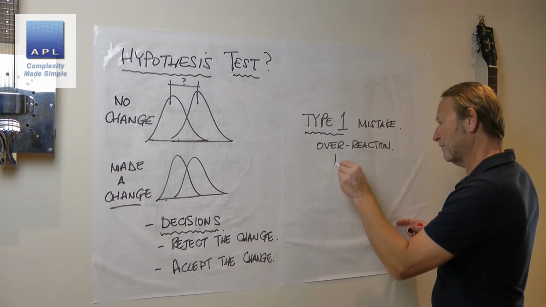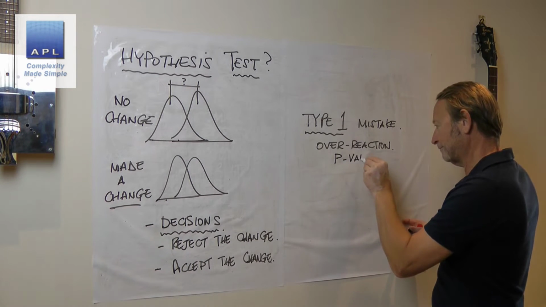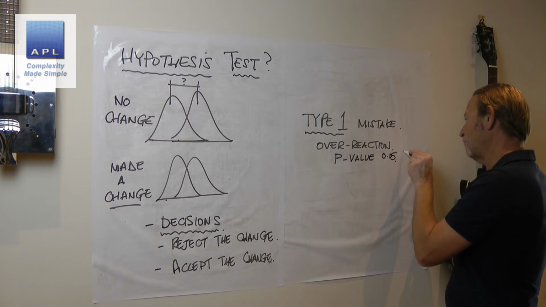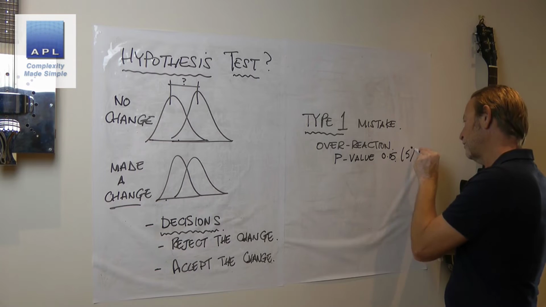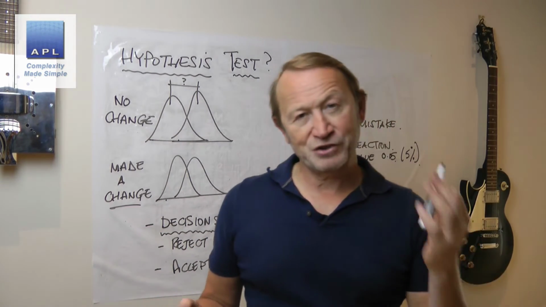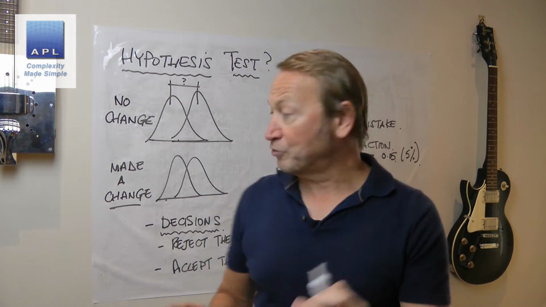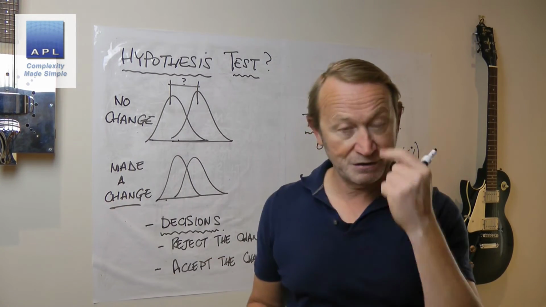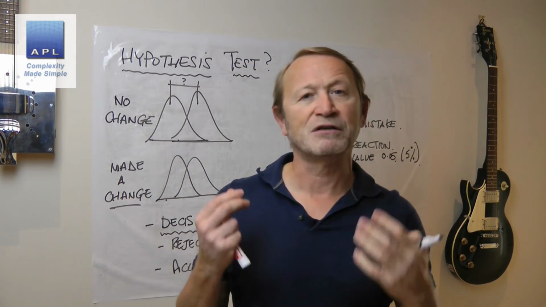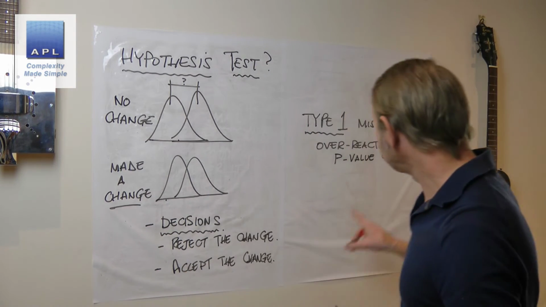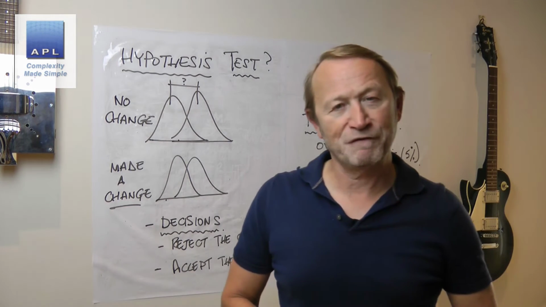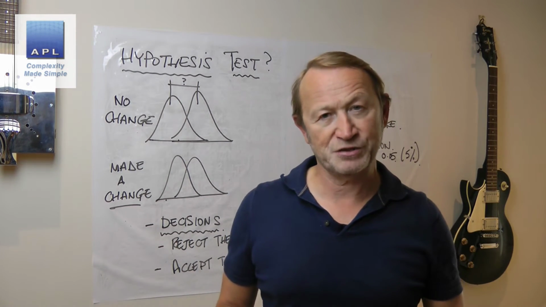And usually the probability value goes down to 0.05, which in other words, there is just a 5% chance you're wrong if you conclude that the shift you're seeing was because of your new treatment, your new supplier, your new setting, your new training procedure. So we like to let the probability value go very small before we conclude that a change is present.